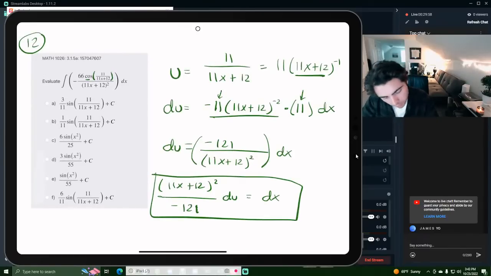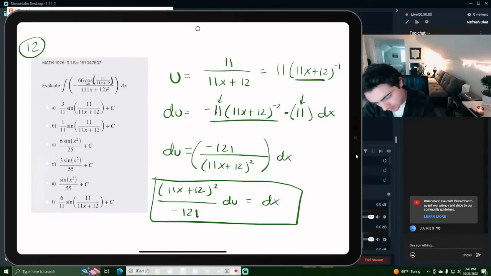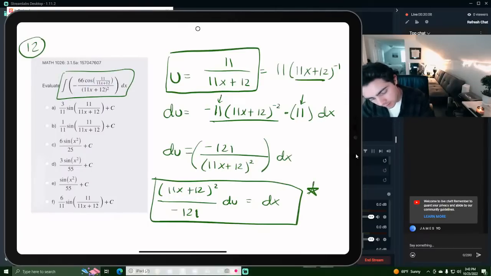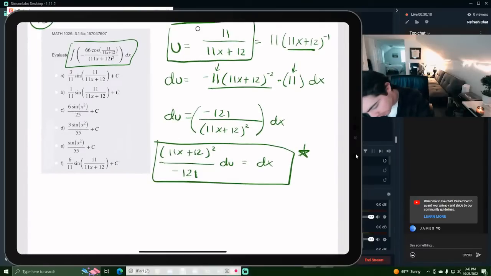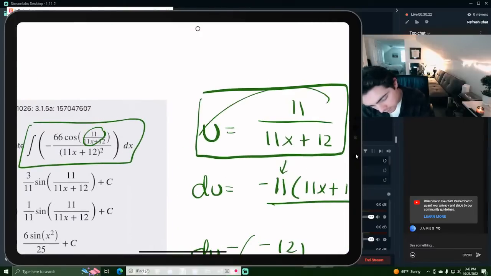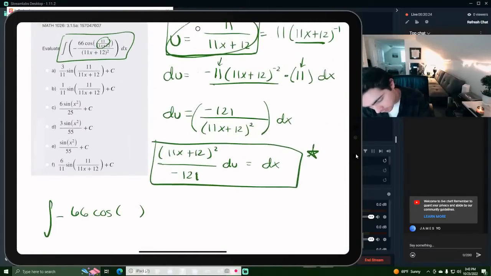Now, what we want to do is keep our u in mind and keep our dx in mind, and we're going to rewrite this integral in terms of u's and du's. We're going to make our substitutions. We're going to leave certain things where they are for now, though. So I'm going to leave negative 66. I'm going to leave the cosine, but now everything that was inside cosine was our u. So I'm just going to write that as u.